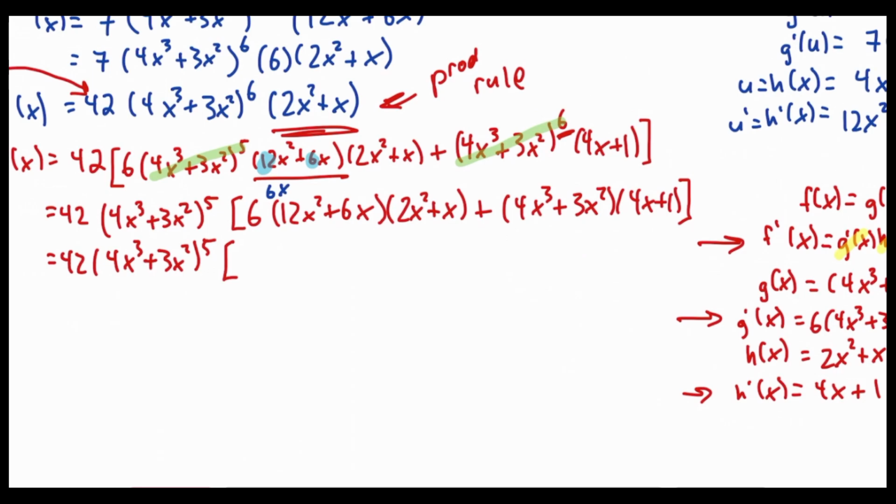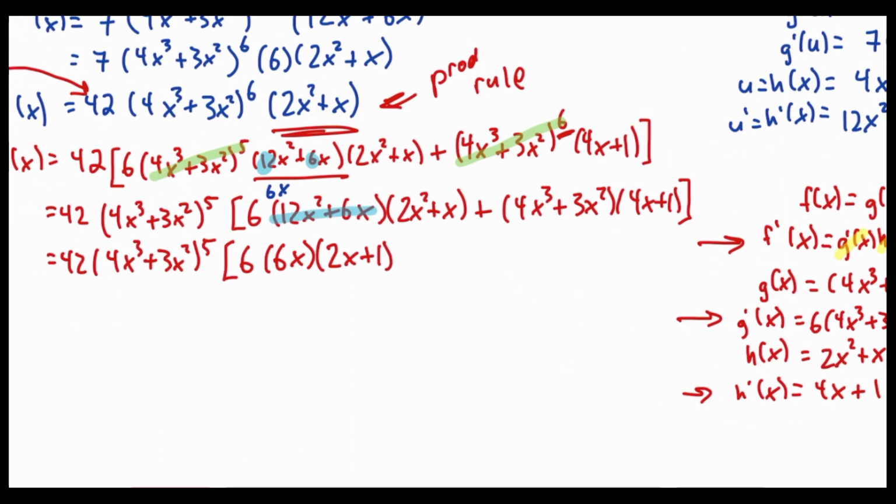So we're going to have 6 times 6x, we're going to have 36x. And actually, I know some people are going to be confused if I do that all at once. So let's do this one piece at a time. 6 times 6x, and we're left with 2x plus 1.